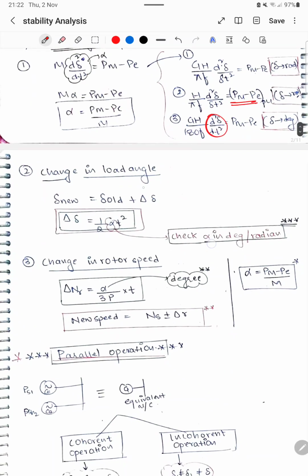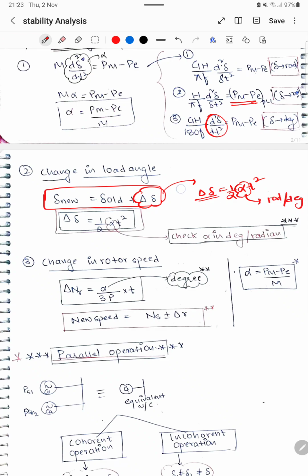Now let's move ahead to the second formula, which is change in load angle. Whenever there is a disturbance, we saw there will be a small disturbance, that is only the change in delta. So new delta will be old delta plus change in delta, and change in delta is nothing but half alpha t square. Again here, whenever alpha is coming, you need to be very careful whether alpha is in radians or degrees.